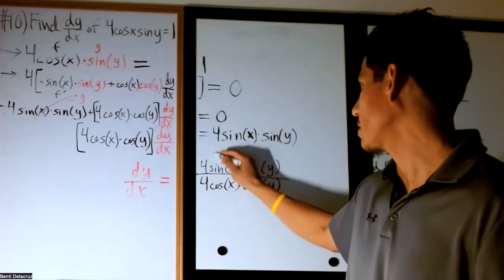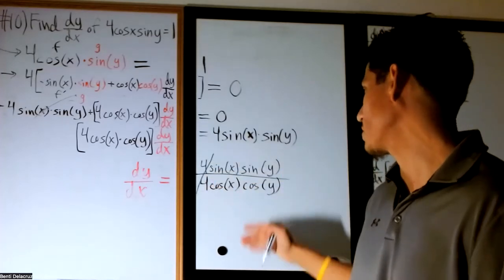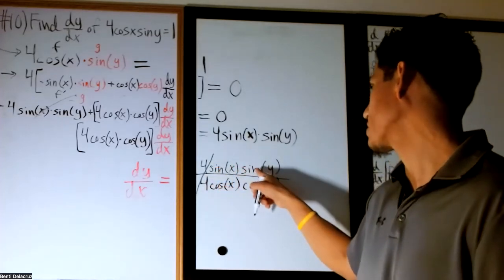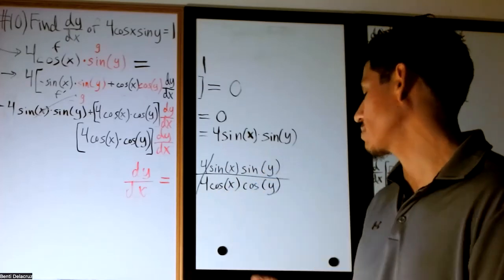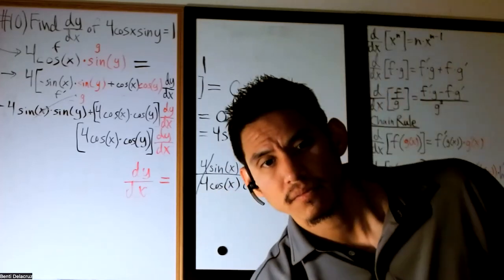And all you can really cancel out is those 4s, and everything else will just be like that. So your answer will just be sine of x times sine of y over cosine of x times cosine of y. All right, so there you go.